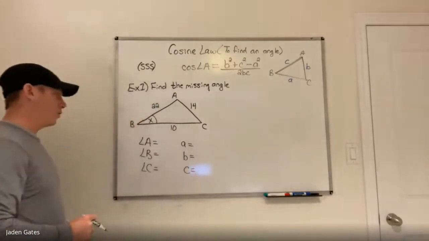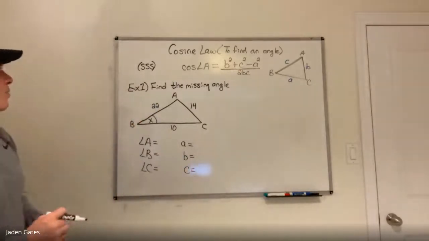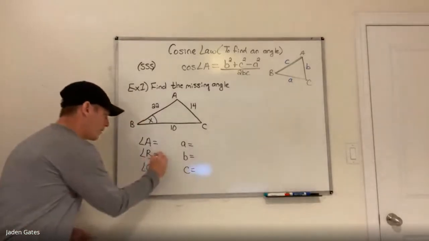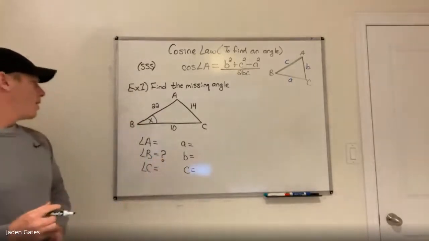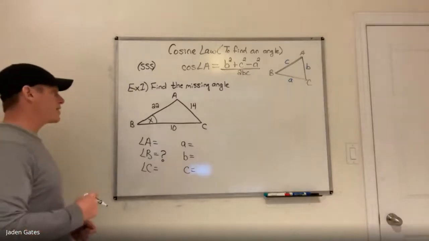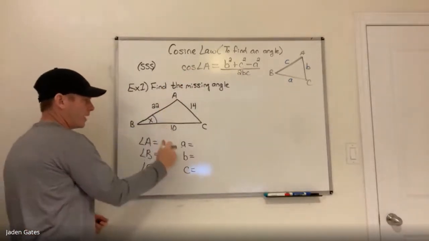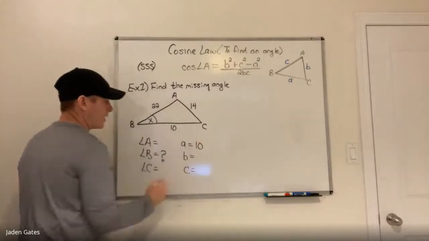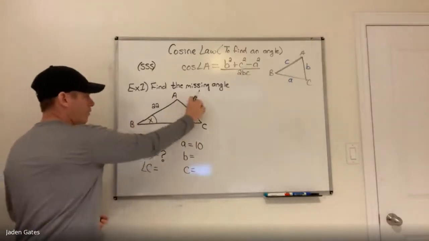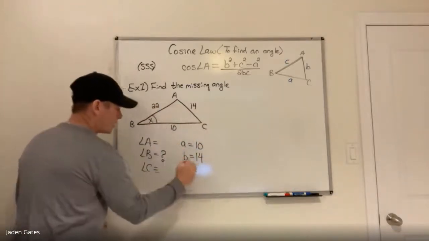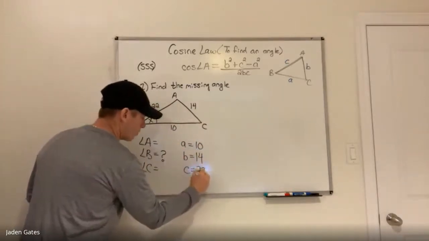In this example, when we're finding the missing angle, we're looking for angle B. In terms of the sides, side A would be across from angle A, so 10 is side A, 14 would be side B, and side C would be 22.